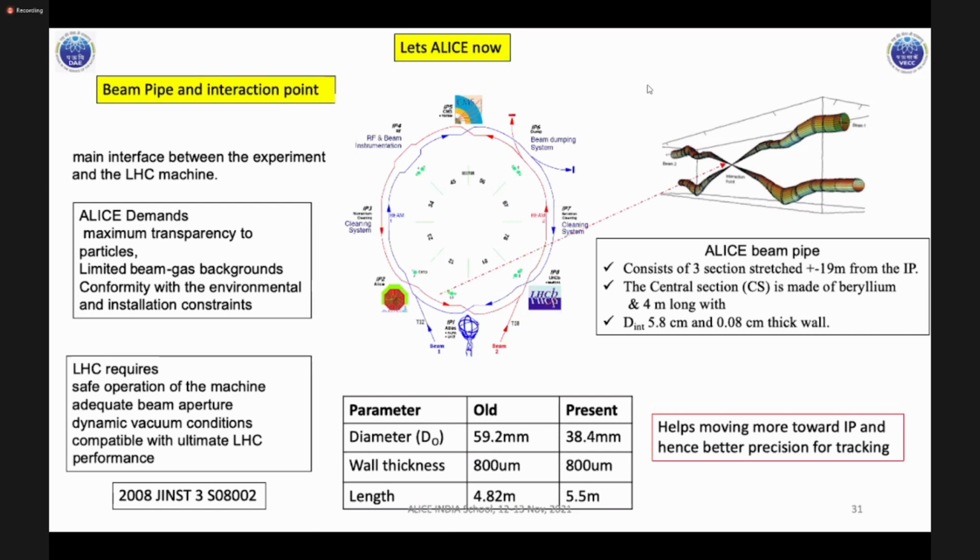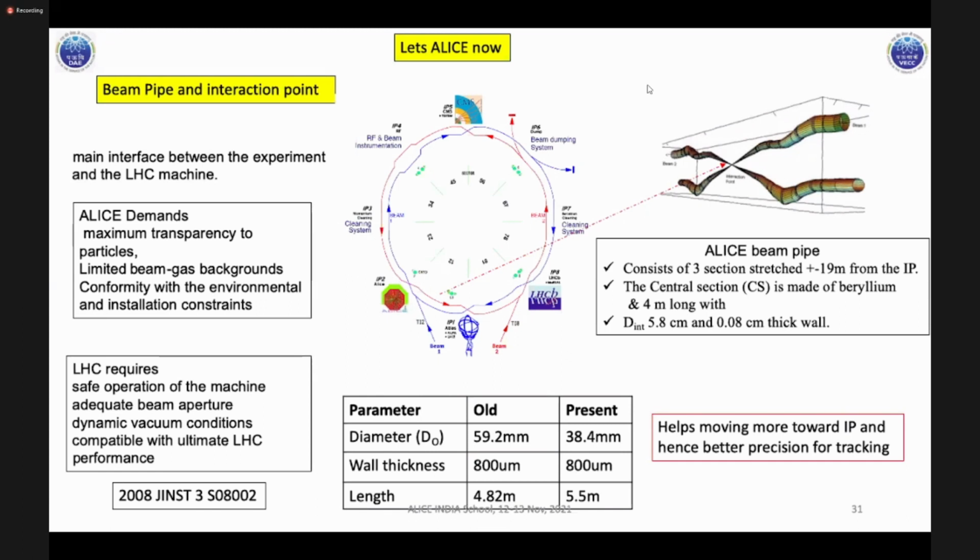You know that at the LHC there are two beam pipes in which the directed beams go round and round. They will collide at certain points. ALICE is one such point where these two beams cross each other. This point is called the interaction point, where they collide.